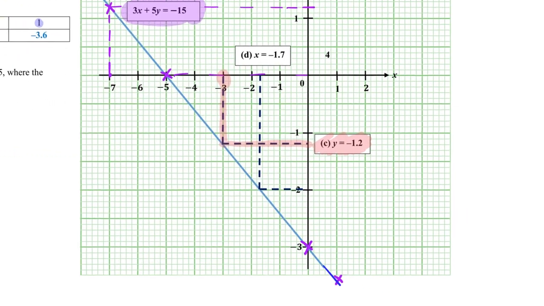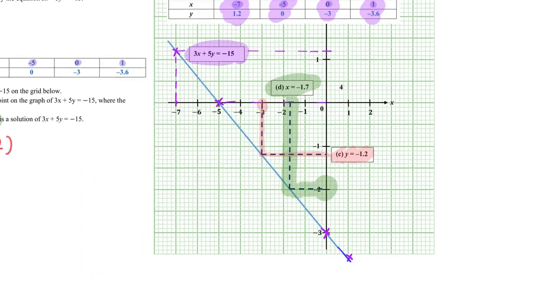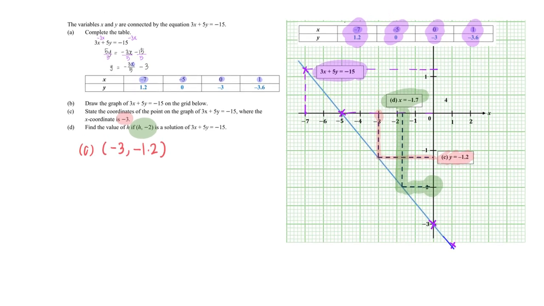Now that I know my y is negative 2, all we have to do is just to draw negative 2 onto the graph, and the corresponding point is here, negative 1.7. So for part D, the answer would be simply h equals negative 1.7.